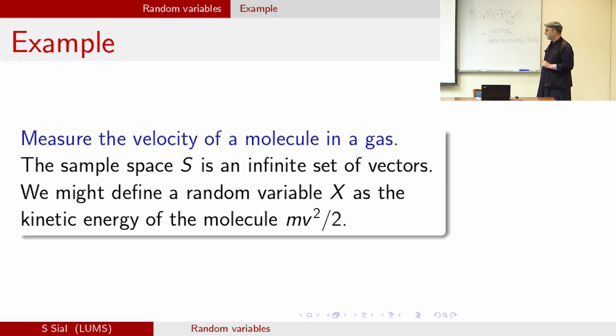So the sample space is these infinitely many vectors, the random outcomes. And then the function X is the kinetic energy, which, given any one of these vectors, you can map to a real number, 1/2 mv squared. Okay?